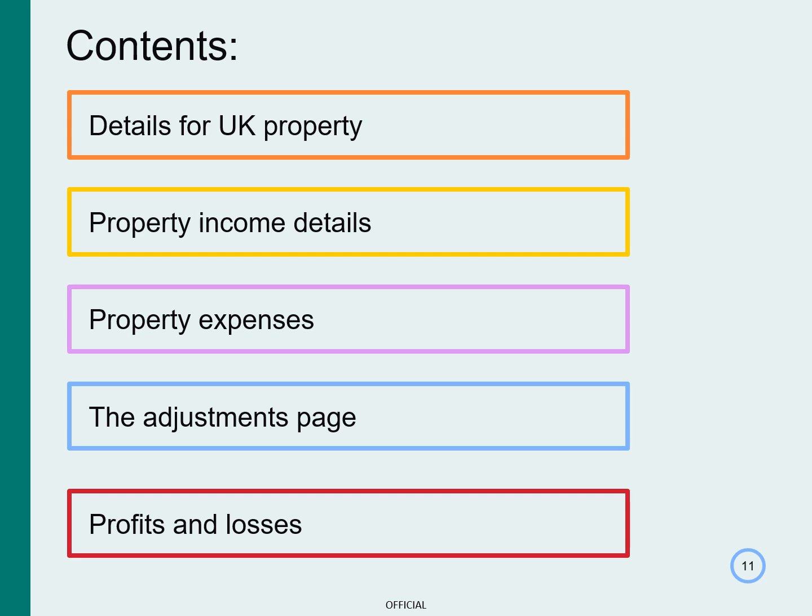In today's webinar, we'll look at details for UK property income, including rent-to-room relief, joint lettings and furnished holiday lettings or FHLs, property income details, property expenses, the adjustments page, and the profits and losses page.